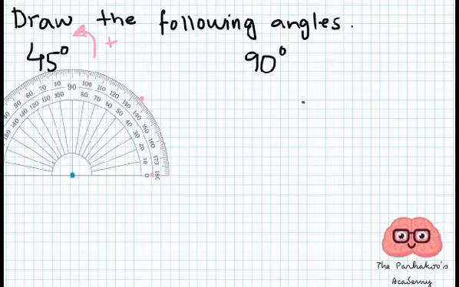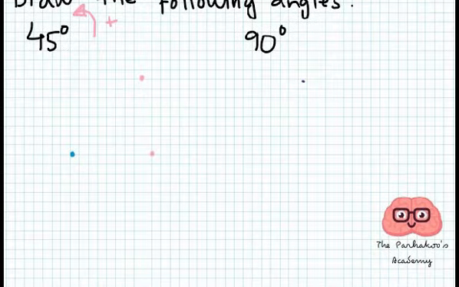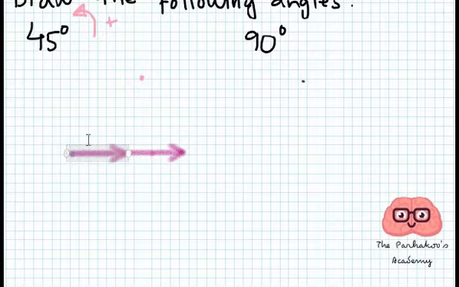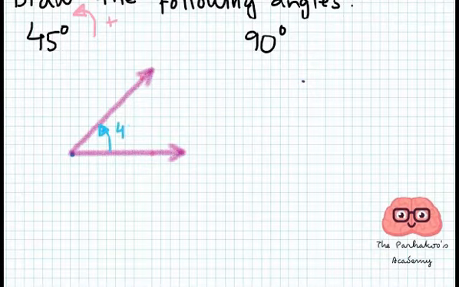So now let's draw our line segments. The first line would be from the point to this 0 degrees. The next line would be from here up to this point. So here we have the angle of 45 degrees.